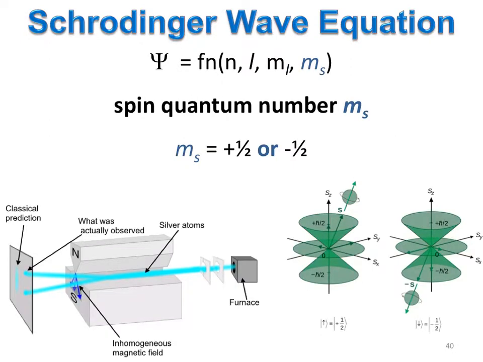The final quantum number is the spin quantum number, and it corresponds to the magnetic field that is created as the electron spins. When the electron spins counterclockwise, you get an up magnetic field, and when it spins clockwise, you get a down magnetic field.